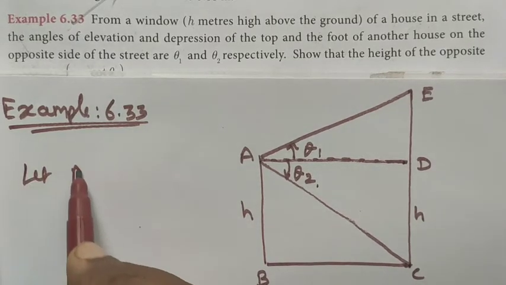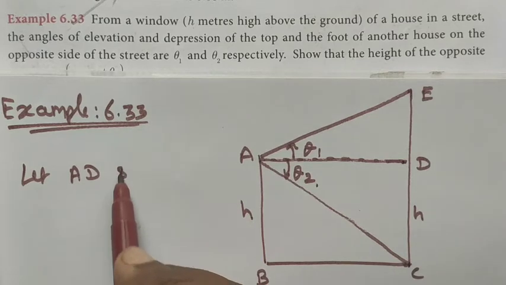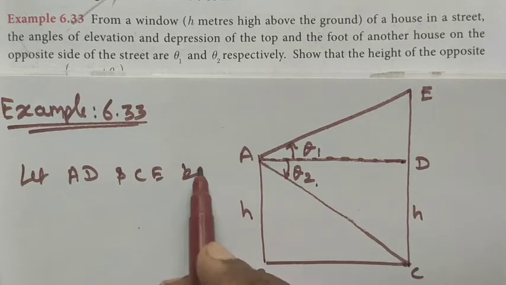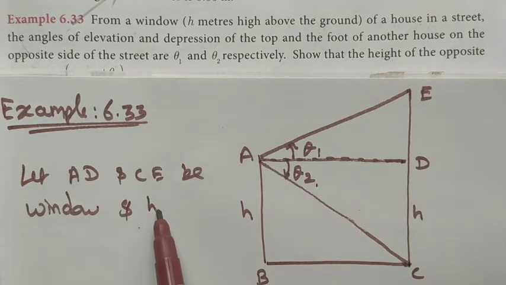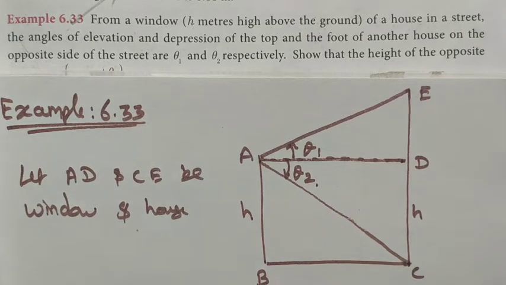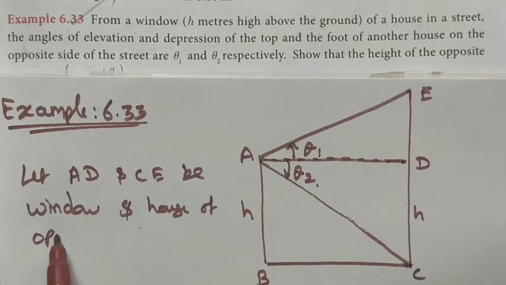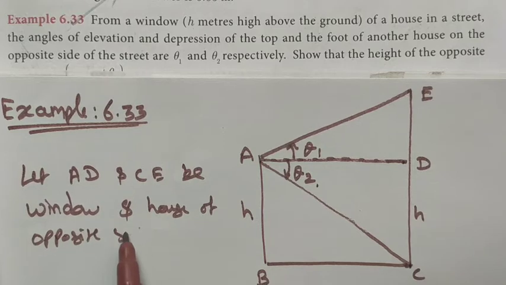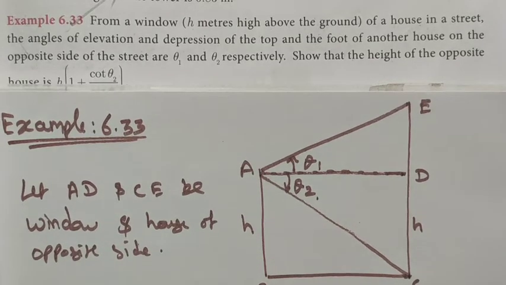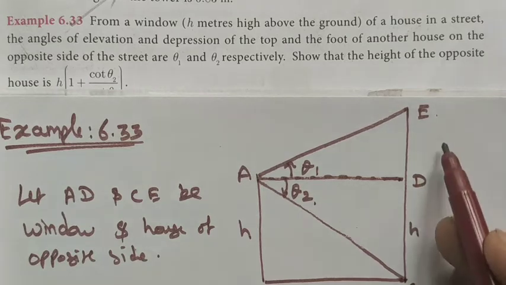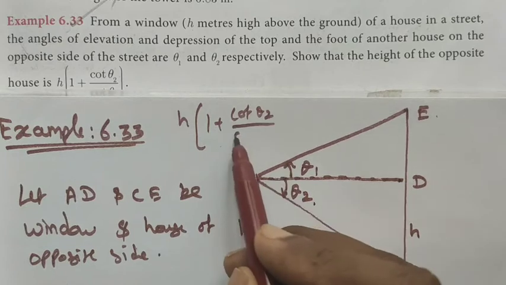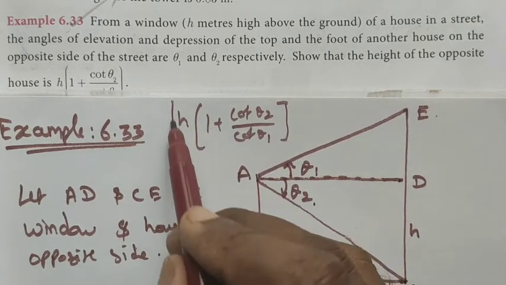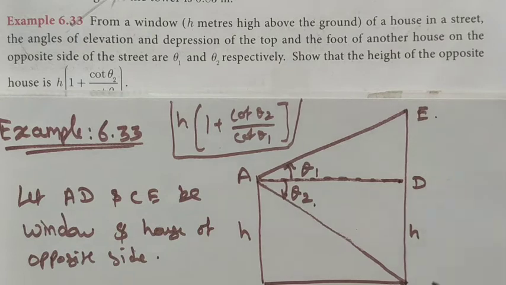Let AB and CE be the window and house on the opposite side. And then we want to show that the height of the opposite house is h times 1 plus cot theta 2 divided by cot theta 1. We want to prove that EC is equal to this.